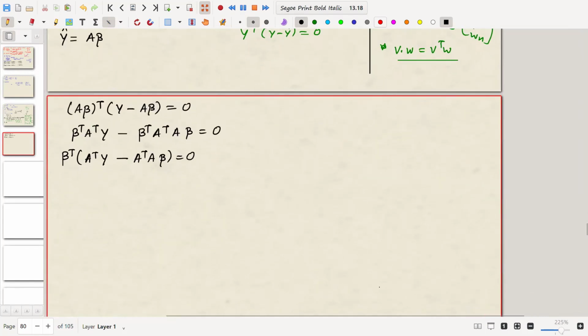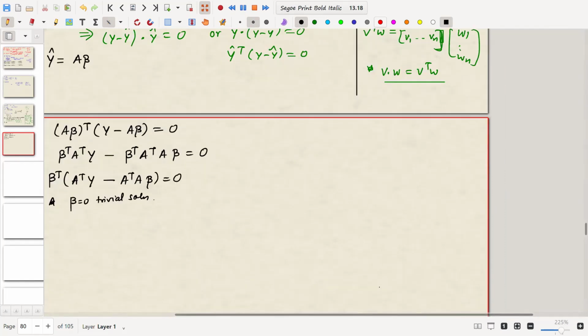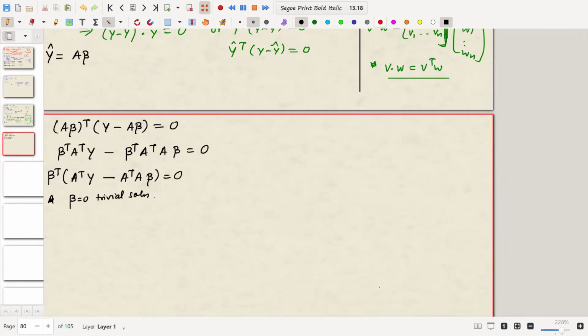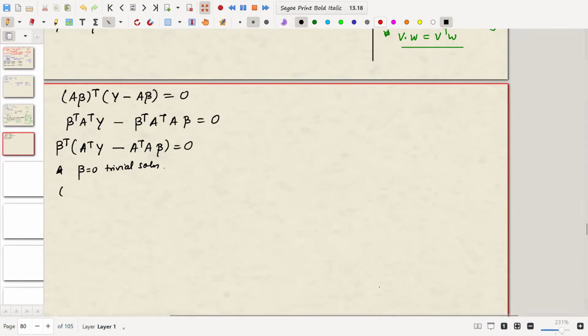Beta transpose of course won't be equal to 0 because beta is the set of unknowns we have to find, the coefficients. Beta equal to 0 is a trivial solution, so we don't want it. If beta were 0, why would we do so much calculation? So beta is not 0. So what else can be 0? This implies A transpose y minus A transpose A beta should be 0.